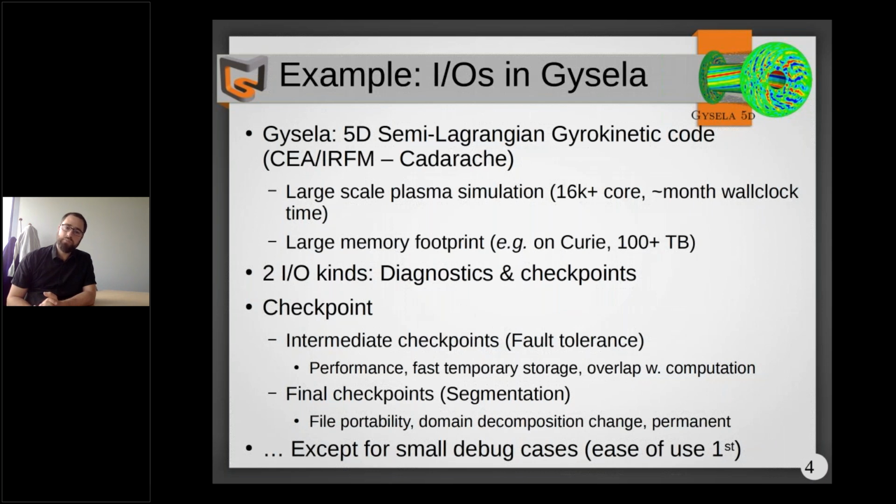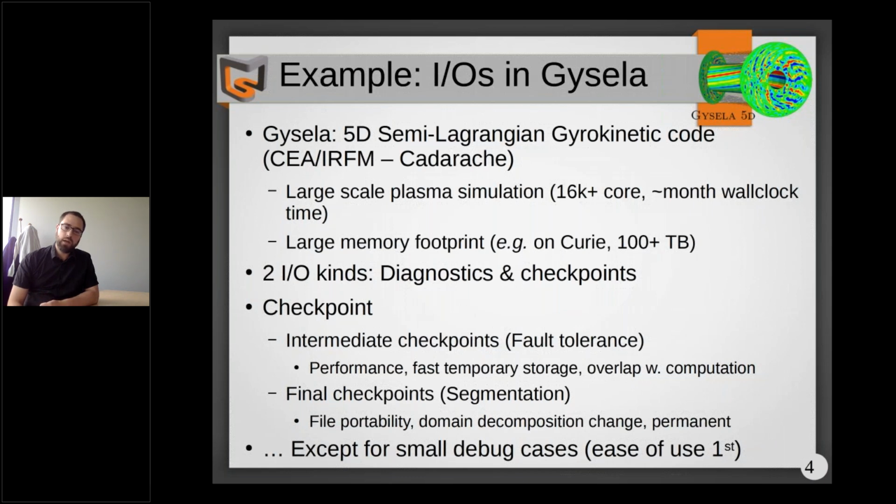On one side we have intermediate checkpoints that are written along the simulation, and at the end of each run we have final checkpoints. The intermediate checkpoints are used for fault tolerance, so if the application crashes along the simulation, we are then able to restart it, while the final checkpoints are used for segmentation.